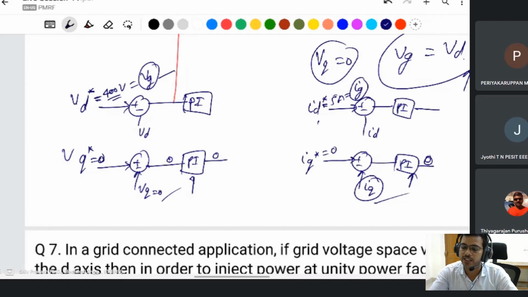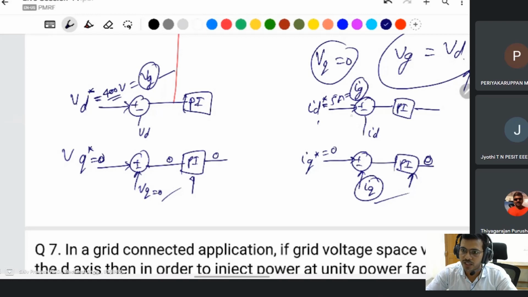Again DC voltage is converted into AC by the inverter in a wind system. Because of the wind, the motor generates an AC signal, which is converted into DC. After DC, it is converted into AC by the inverter and given to the grid. So to give to the grid, voltages are controlled like that.